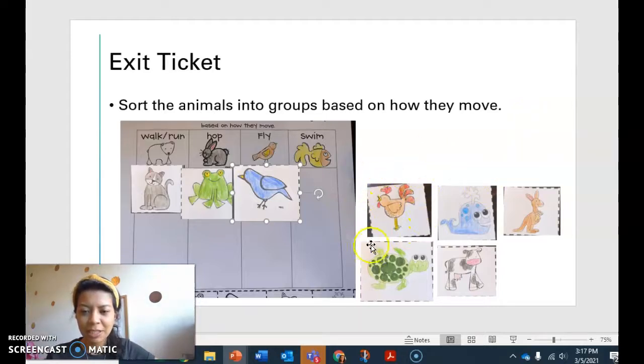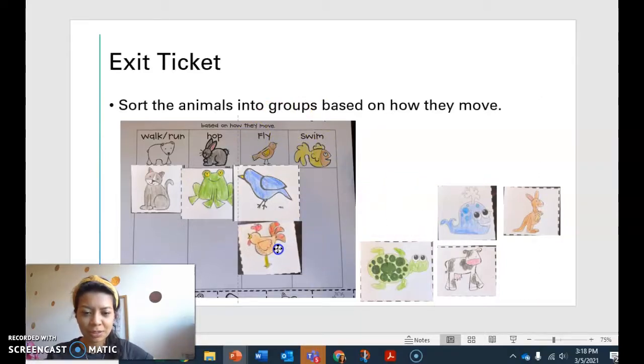Our next picture here, we have a little baby chick. And the chick has a little feather, a little wing. Are these animals able to walk, hop, fly, or swim? If you said to fly, you're correct.